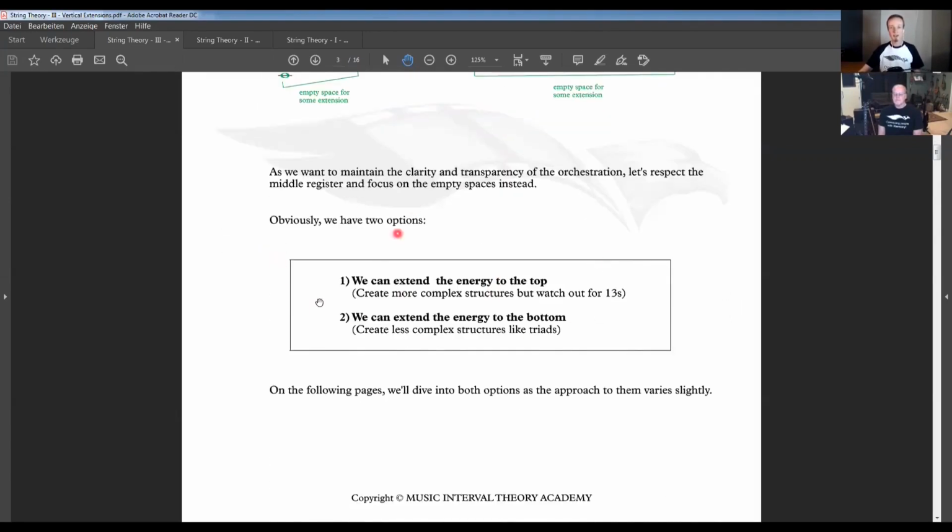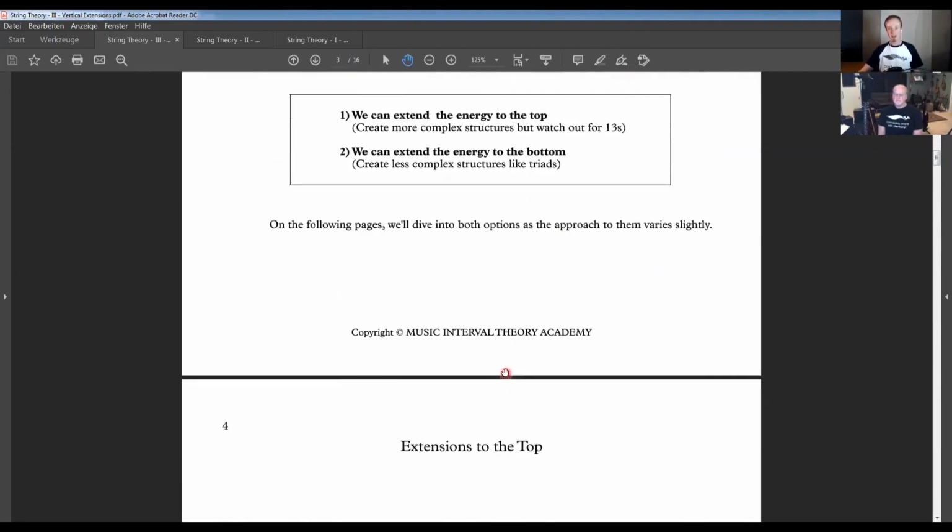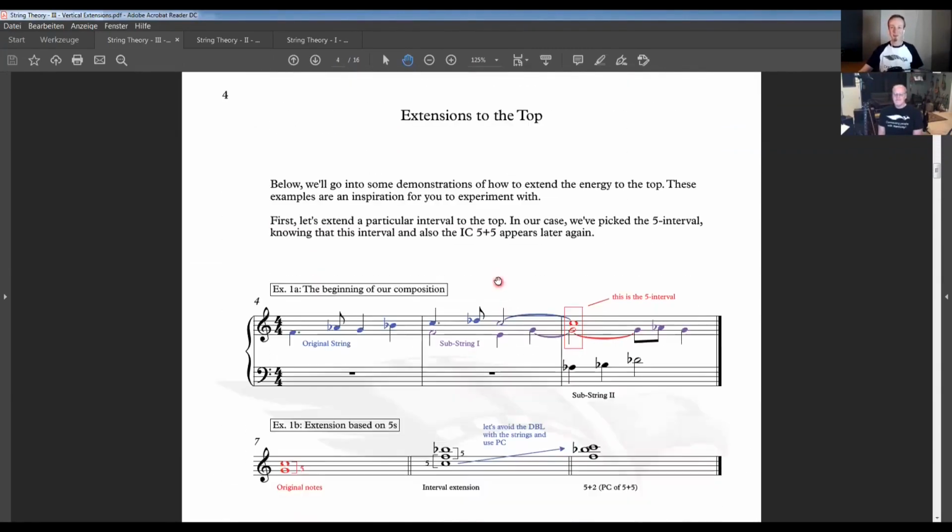So now that we know these guidelines, let's put them into action, because that is what we want to see here.